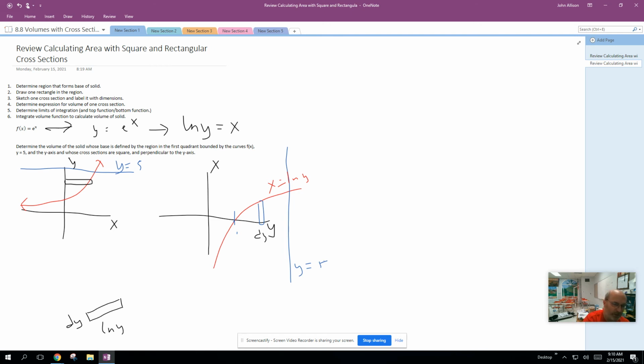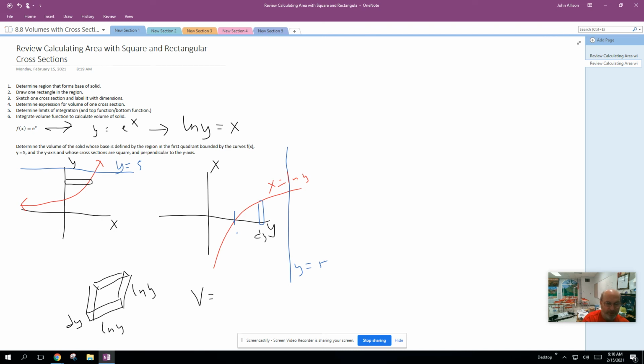And this one's a square cross section, so its length and height are going to be the same. So it's going to be ln y by ln y. Now we're going to write the expression for the volume of one cross section.